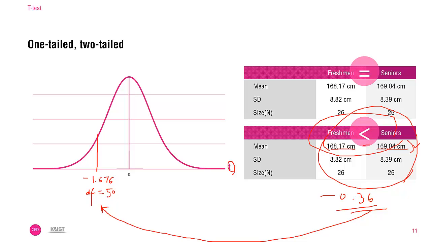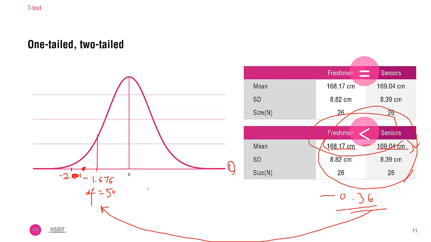But suppose that we would have a t-value such as minus 1.8 like this, and minus 1.8 is less than minus 1.676, but it is bigger than minus 2.01, I think it was 2.01, right? Minus 2.01 is the threshold value of a two-tailed case.